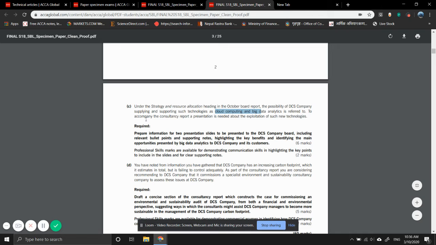To accompany the consultancy report, a presentation is needed about the exploitation of such new technologies. Exploitation of such new technologies, okay? Required: prepare information for two presentation slides to be presented to the DCS company board, including relevant bullet points and supporting notes, highlighting the key benefits and identifying the main opportunities presented by big data analytics to DCS company and its customers.